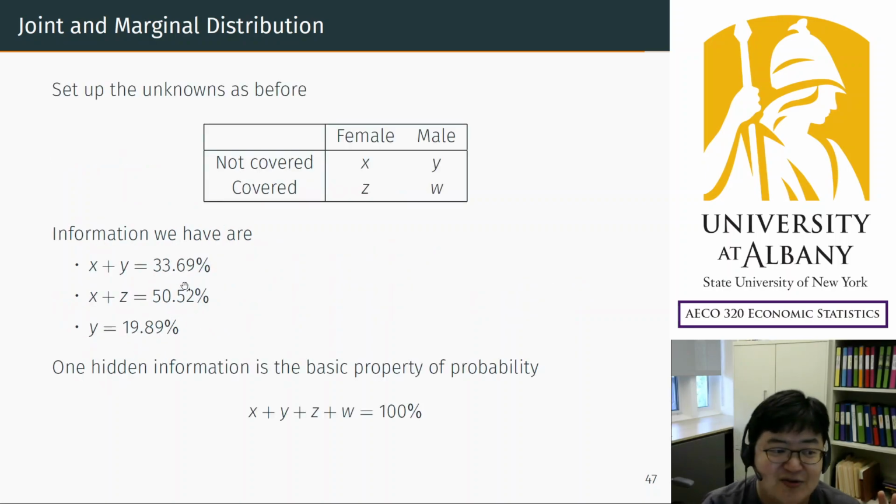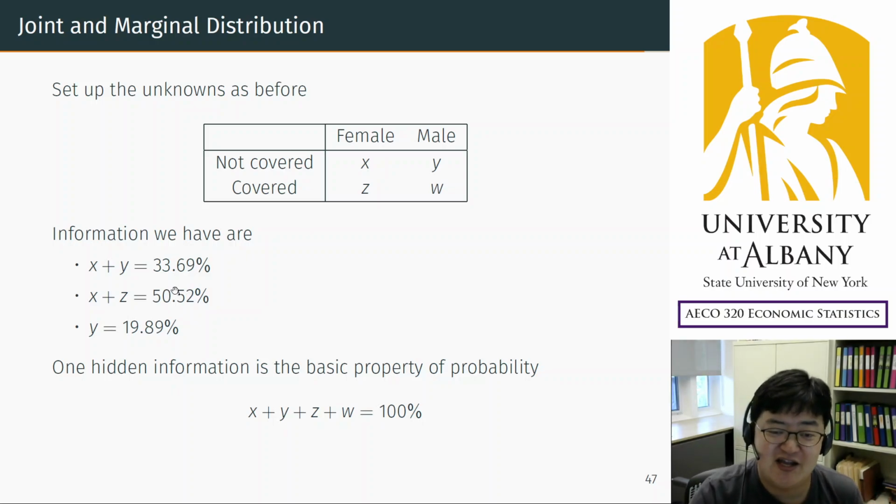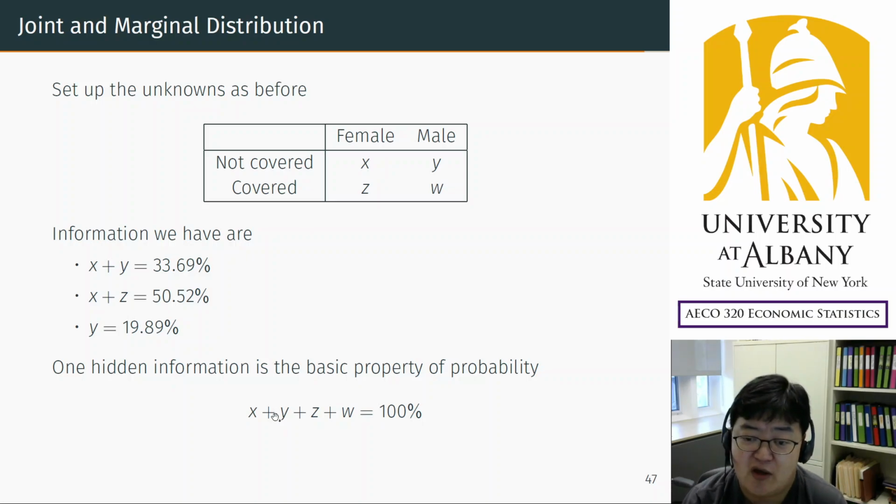But there is one hidden piece of information I didn't tell you. That's this. We are handling probabilities, so any probability should satisfy this equation. This is a hidden piece of information that I did not explicitly tell you.